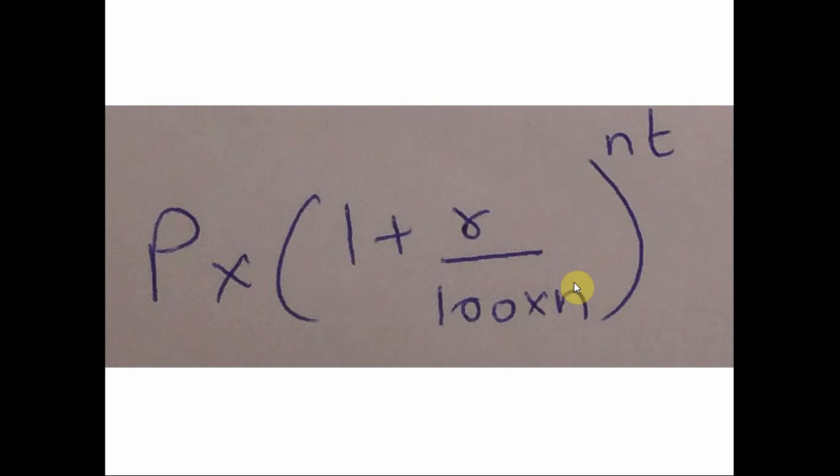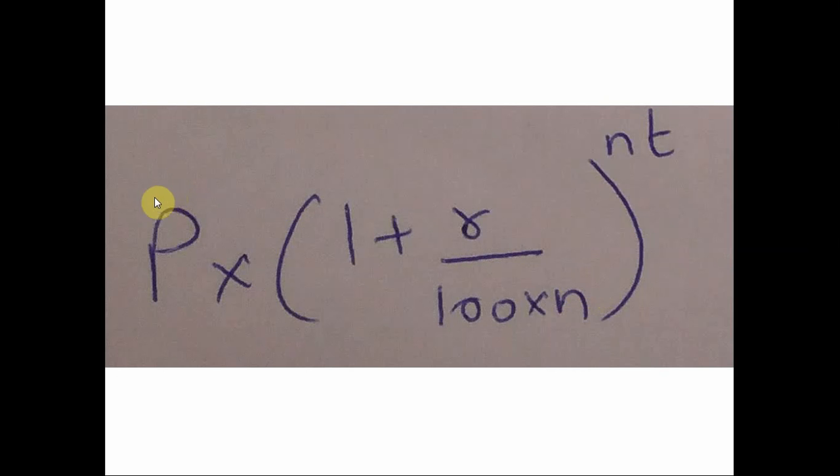So suppose Mr. Rich loans Mr. Poor $100 at 2% interest for 20 years, and this is compounded every month.